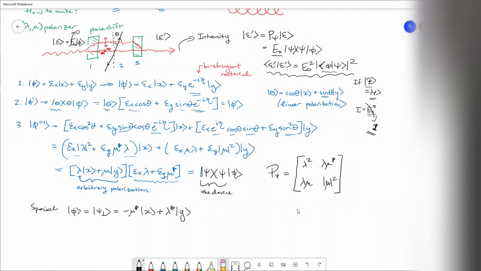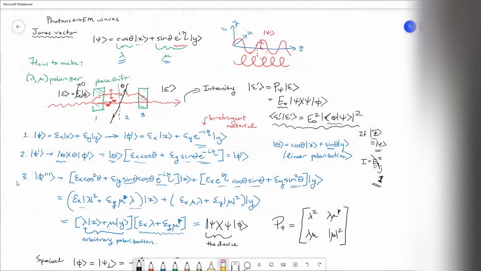What you can show is that if you take psi and dot it into psi perp, or take this projection, you just get 0, because this inner product gives you 0. So this is a vector perpendicular to psi, the Jones vector we're trying to generate.